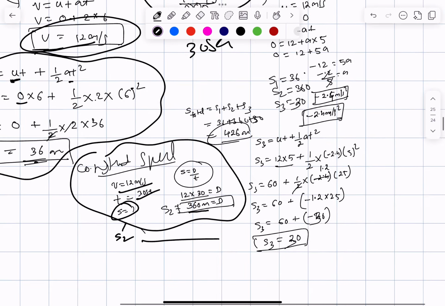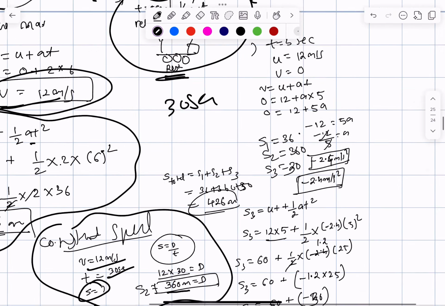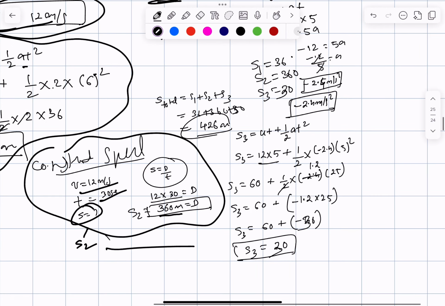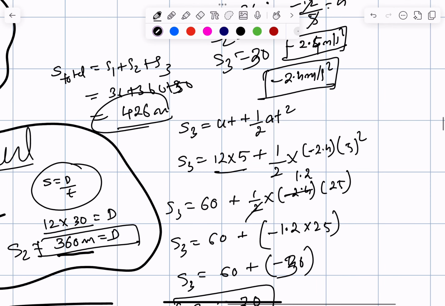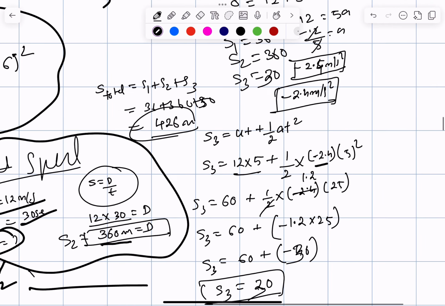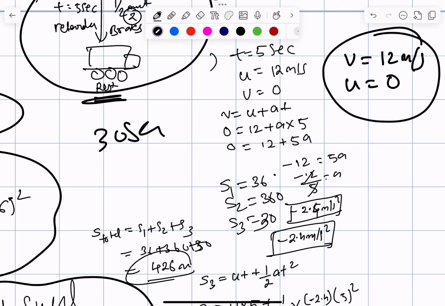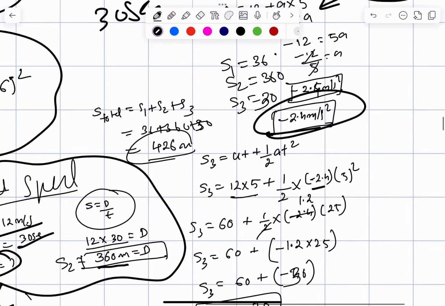Now we move to S3. For S3, they have told us that it is deceleration, and since it is deceleration you have to put a negative sign. First we need to calculate the acceleration. The initial velocity was 12 meter per second and the final velocity will be 0. When you put in the values, you get acceleration as minus 2.4 meter per second square.